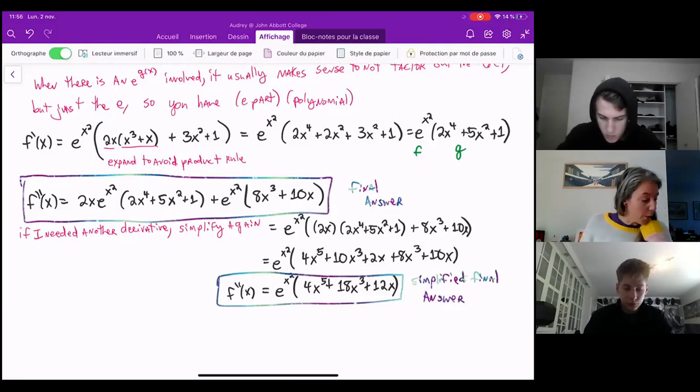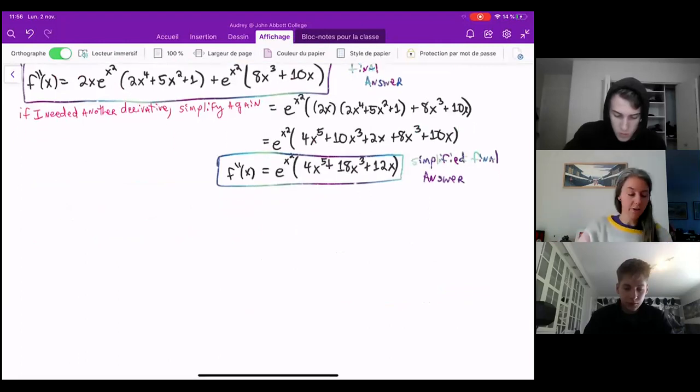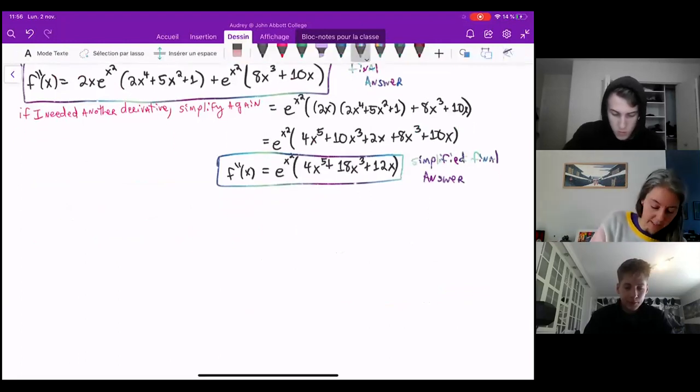Okay, so let's look at another example. We're also going to find the second derivative.